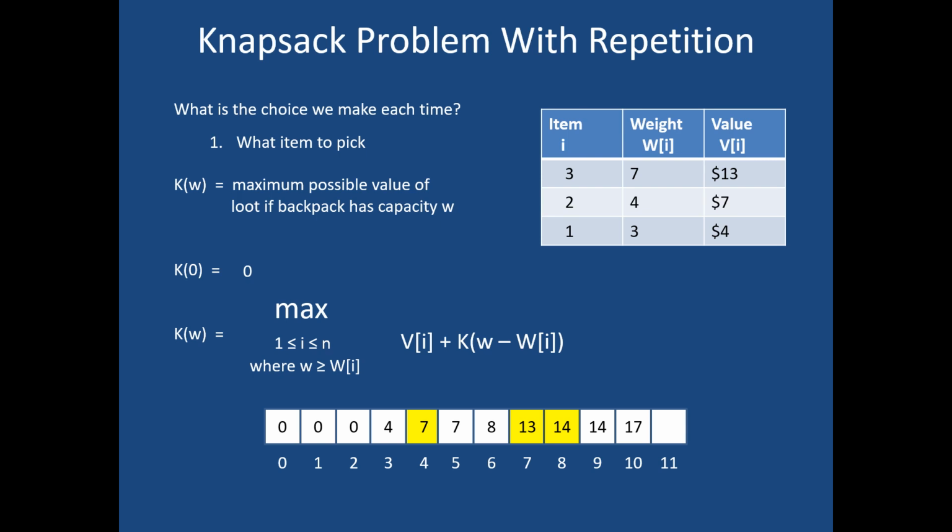And you figure out, okay, I wrote the 20 there because there was a 13 here plus 7. So that's item 2. So I got to the 20 from here by taking item 2. So you take an item 2, and then you go back again, back again, back again. You can just go backwards and figure out what items you had to take to get to that point. Okay? Any other questions?